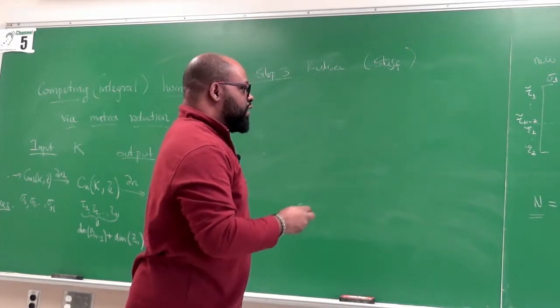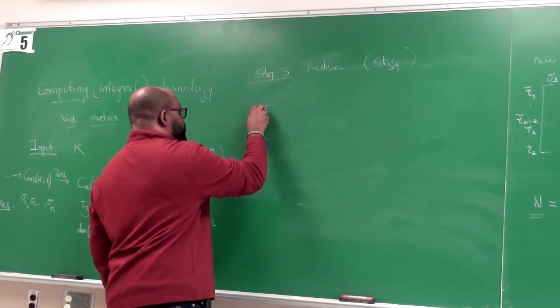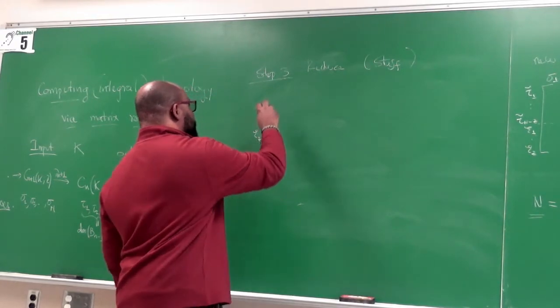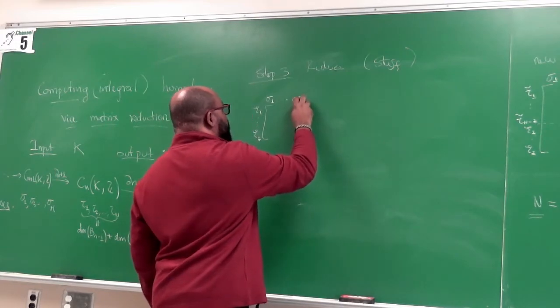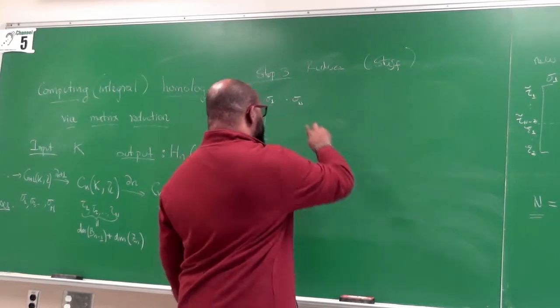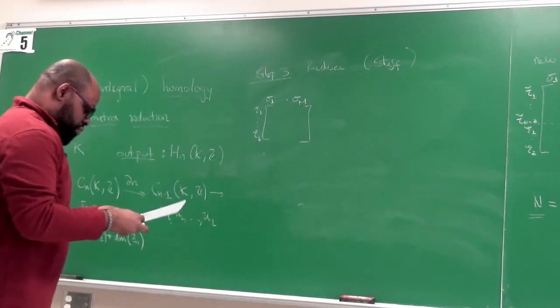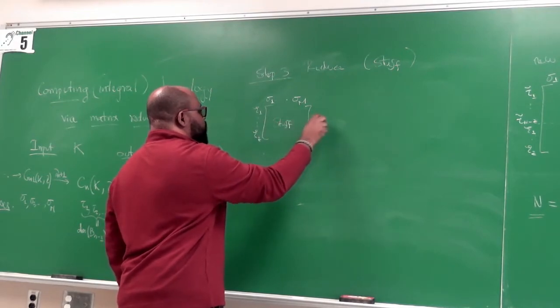What that does is you start from something that looks like this, zeta 1 all the way up to zeta z, and here you have your sigmas, sigma 1 up to sigma m.